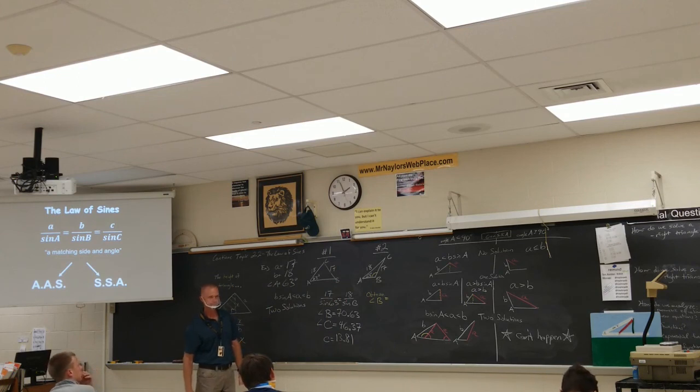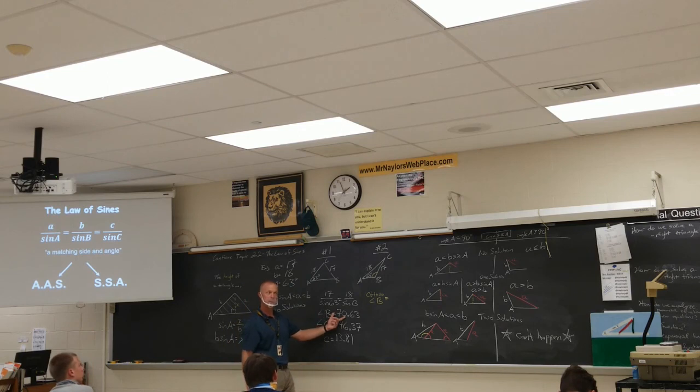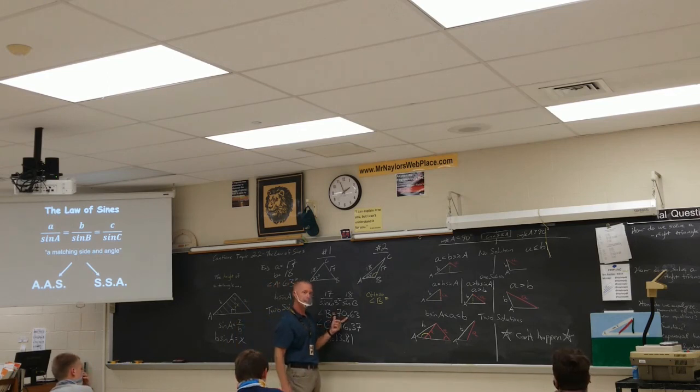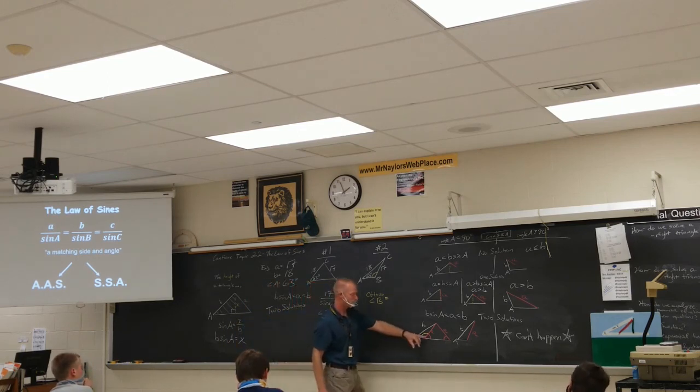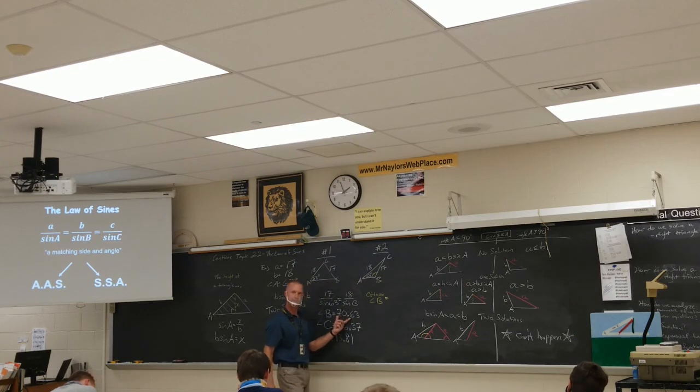Do you see? Okay, it would have something to do with 70. Now you got to realize that 70 is that pink angle that we were talking about, because this pink angle was the original angle B. So it has something to do with 70.